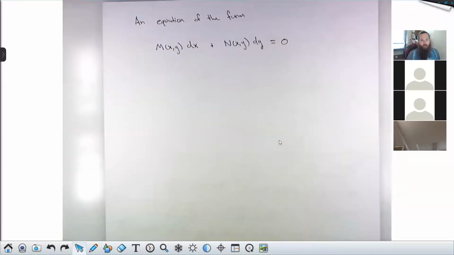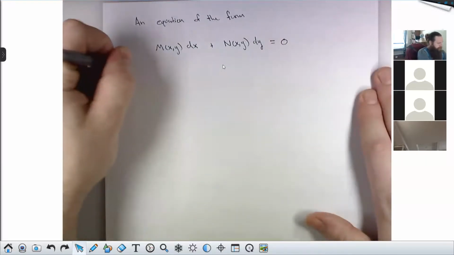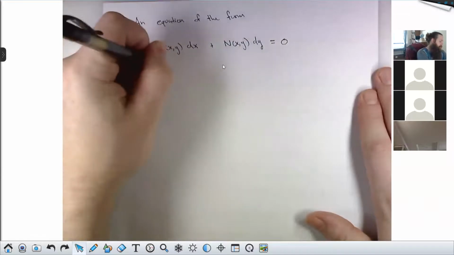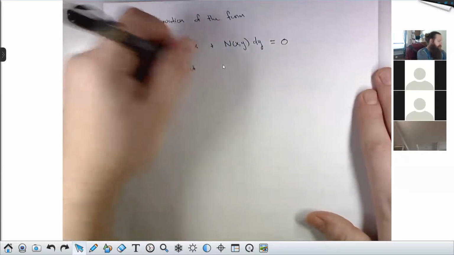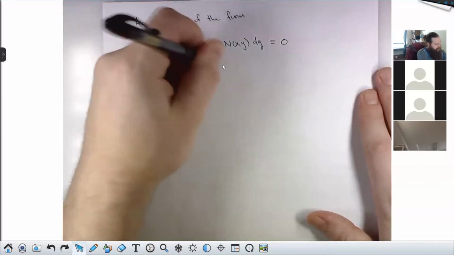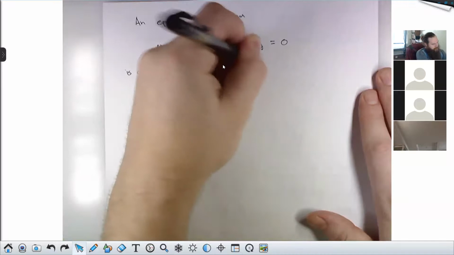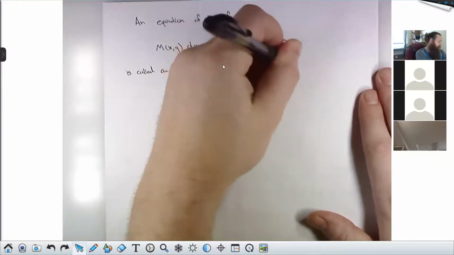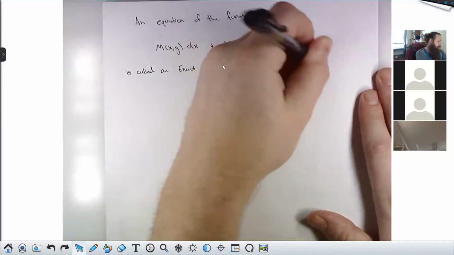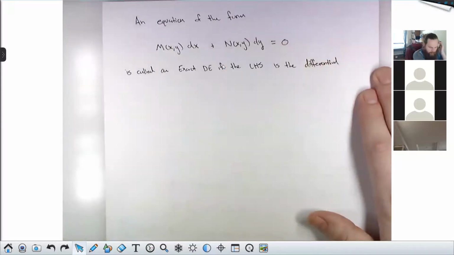An equation of this form is said to be an exact differential equation if the left-hand side can be interpreted as the exact differential of some function.